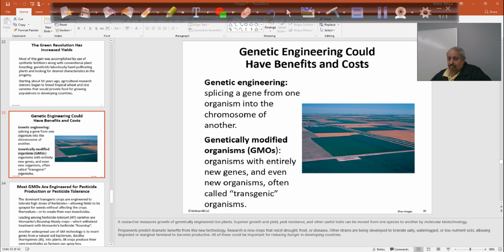Those genetically modified organisms have entirely new genes and are called transgenic organisms. Transgenic means they have newly produced chromosomes.